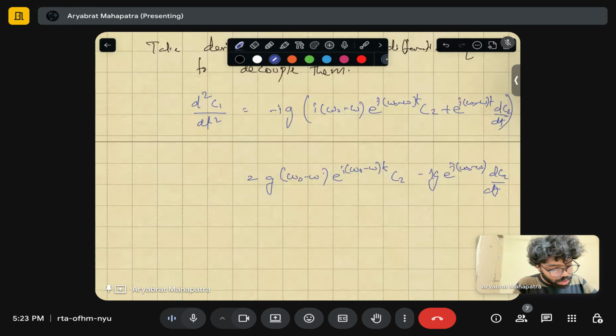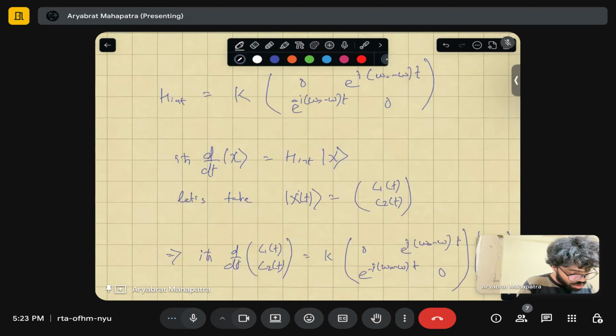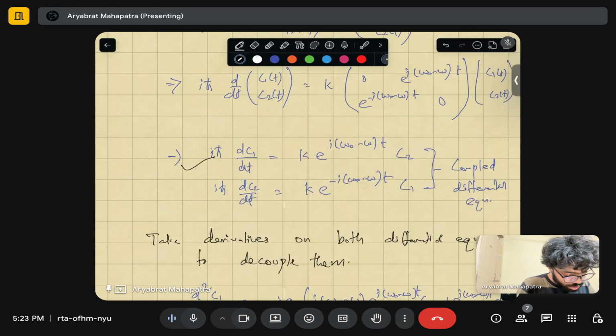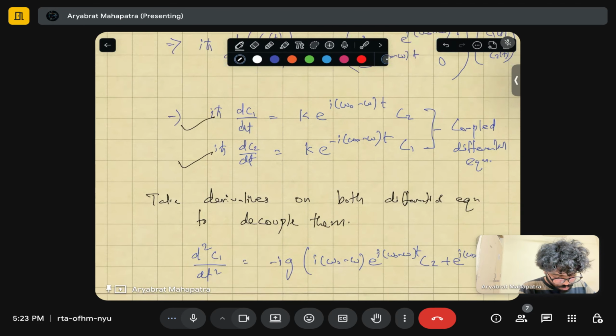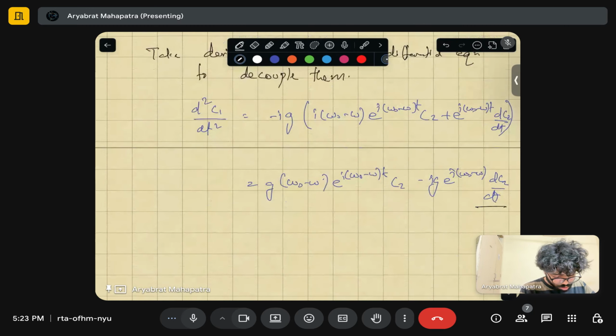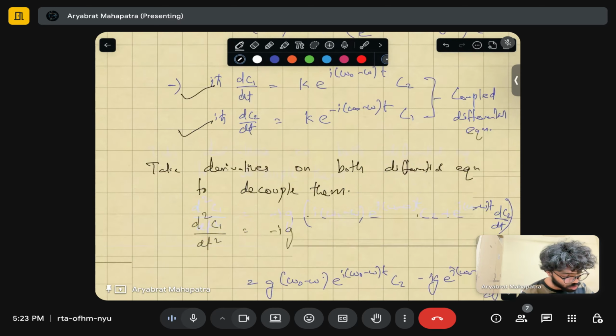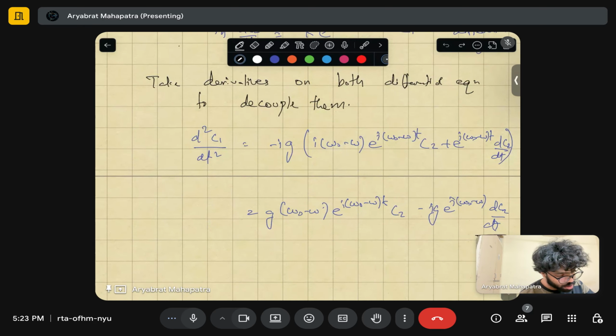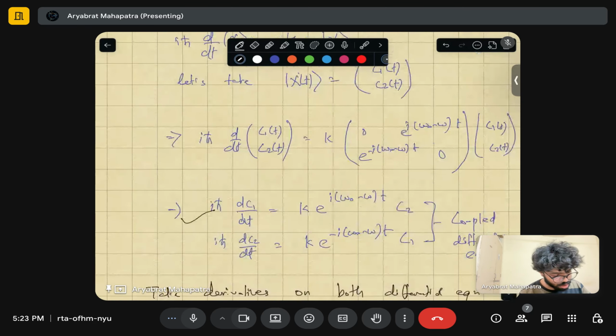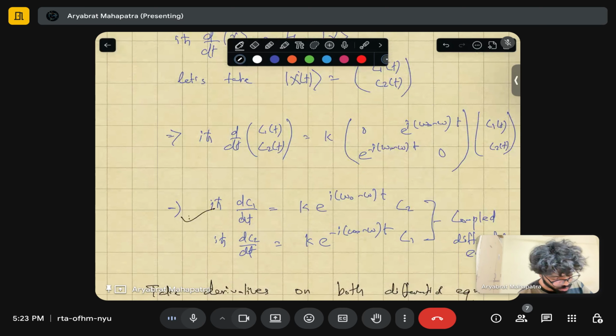Then use dc2 by dt, which we know from here. Or basically, it's better to use c2 from the first equation, from this equation itself.